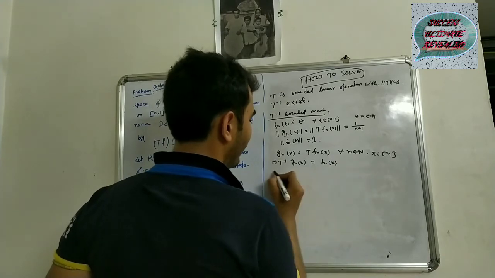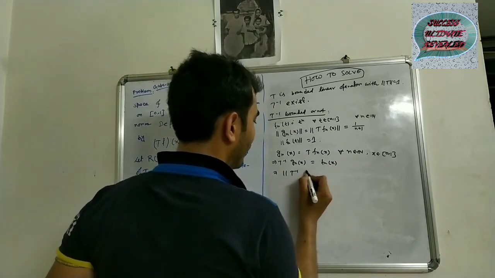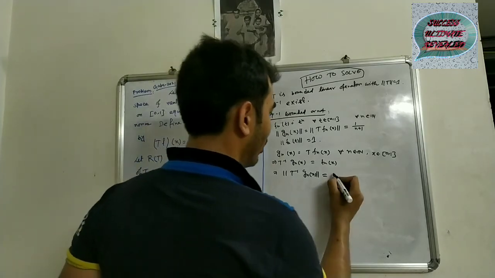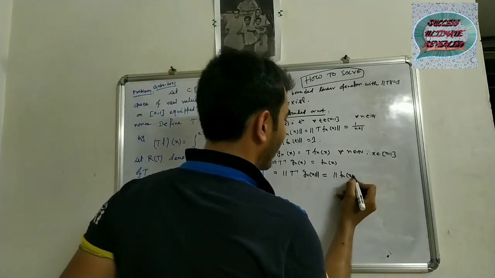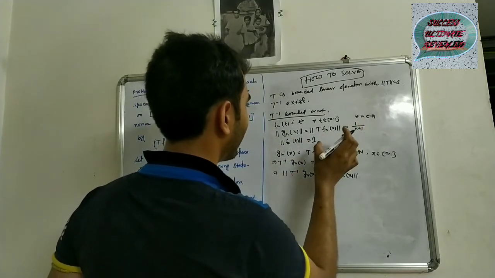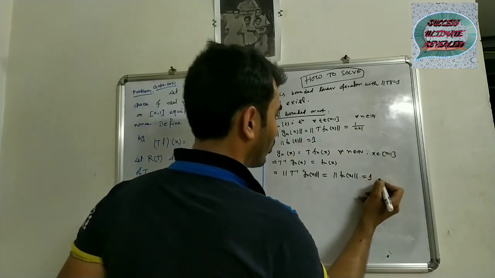Now the norm of T inverse g_n(x) equals the norm of f_n(x), and you know that the norm of f_n(x) equals 1. So this is equal to 1.